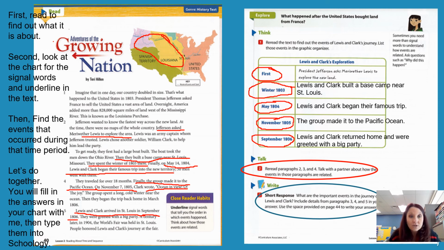You're going to concentrate on paragraphs 3, 4, and 5, and you're going to look and see what the major event that happened in paragraph 3 is, what happened in 4, and what happened in 5. And you can use your chart to help you out because you're going to write these down in order that they happened in Schoology.